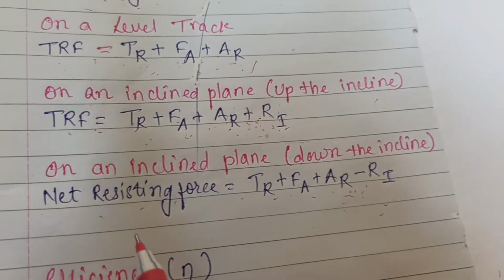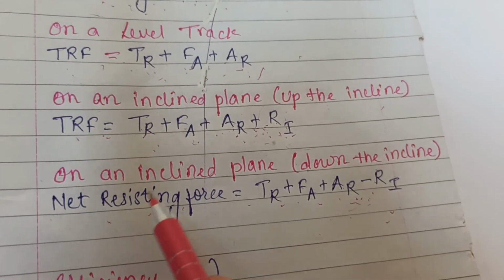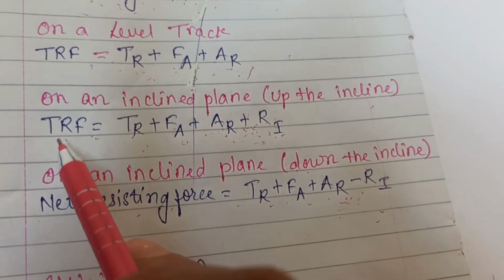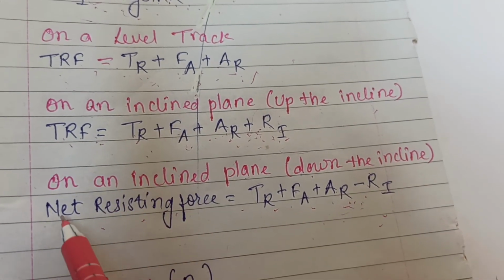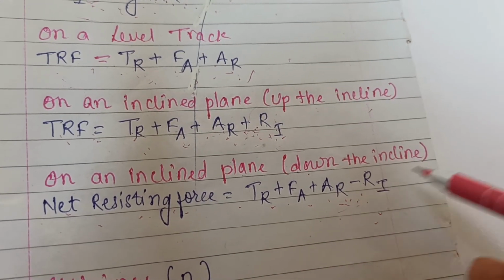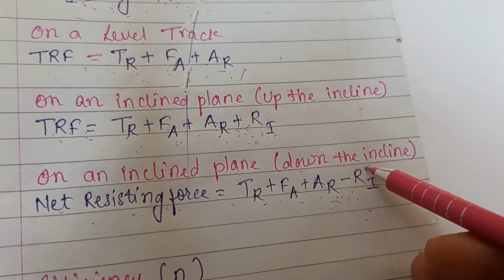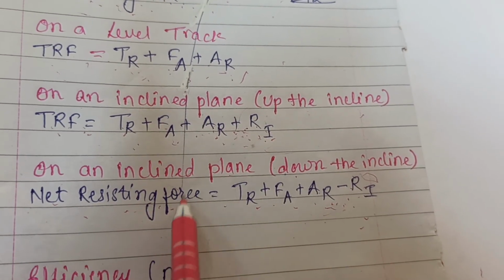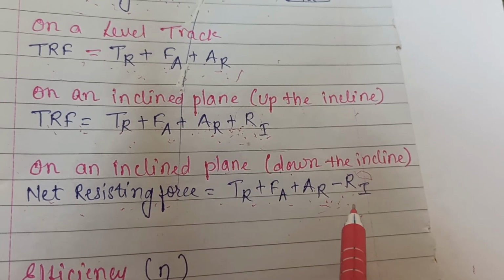Now, when the train is moving down the incline, we don't write it as total resisting force, we write it as net resisting force, because here the resistance due to inclination is subtracted, as the train is moving towards gravity. So this force will be subtracted. The formula is the same for up the incline and down the incline. Simply here it is plus and here it is minus.